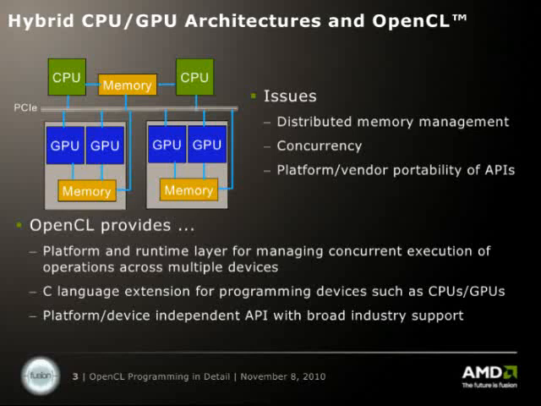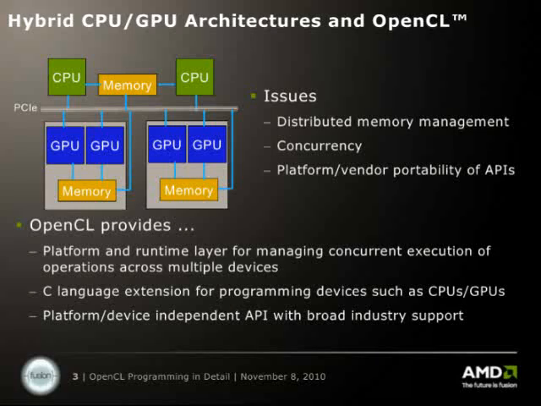So just to begin with, the emergence of these hybrid CPU-GPU architectures, from a programmer's point of view, creates a lot of issues for programming. Some of the big issues are distributed memory management, and concurrency, in that you now need to orchestrate operation on multiple devices at the same time to get good performance. And there's also the issue of platform and vendor portability of any APIs that the programmer may choose to use.